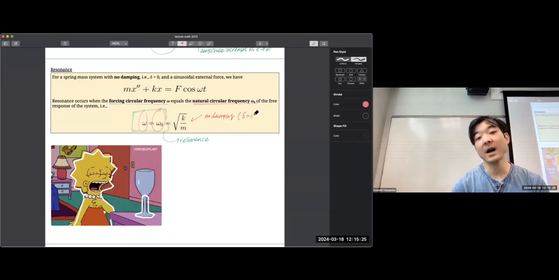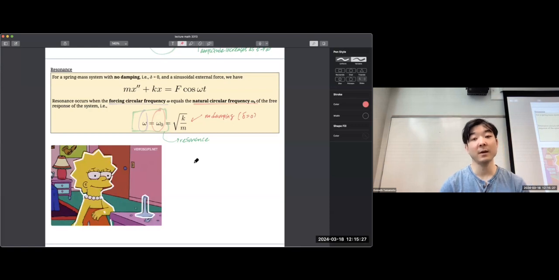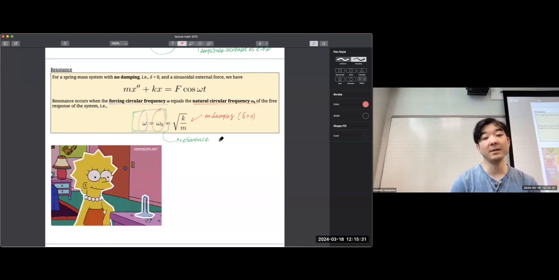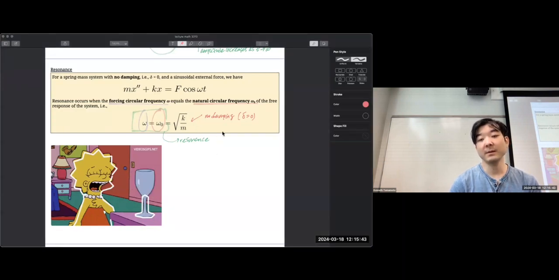It's not going to be this if you have non-zero damping, but whenever damping is 0, omega naught, which is the homogeneous frequency, will equal this. And so if both your frequencies, external and natural, are the same, then you'll have resonance occur.